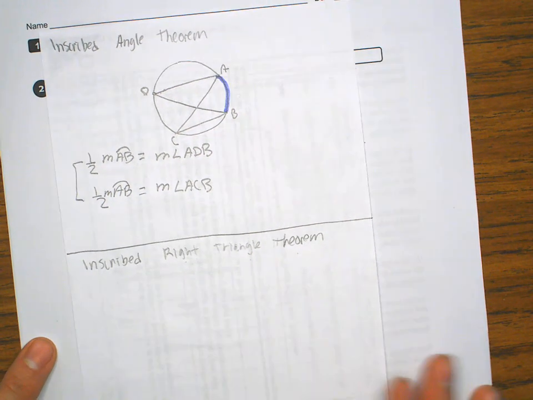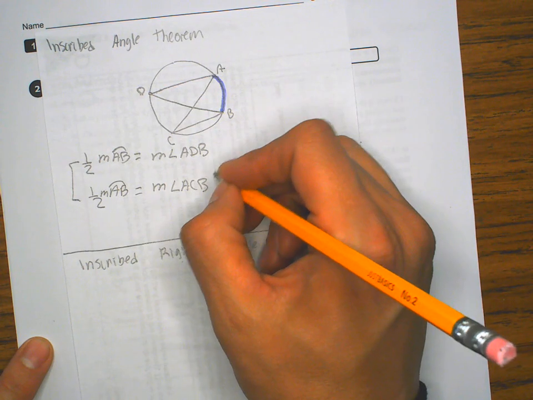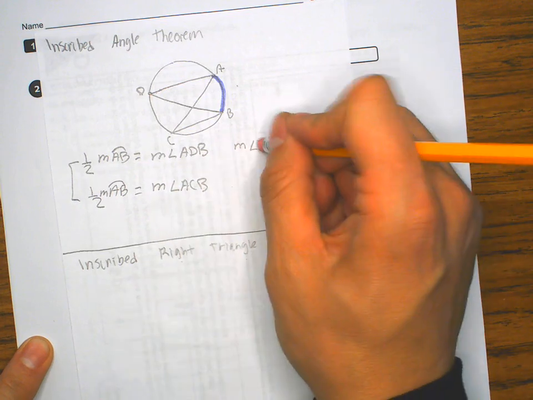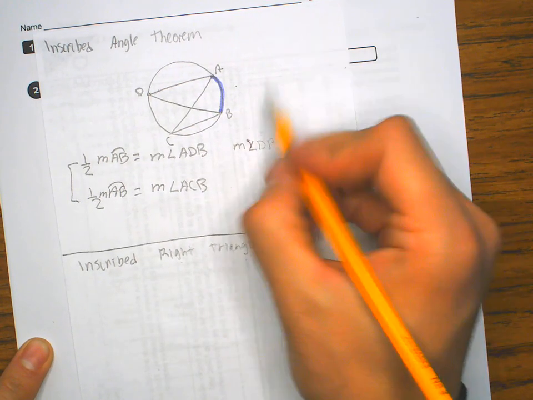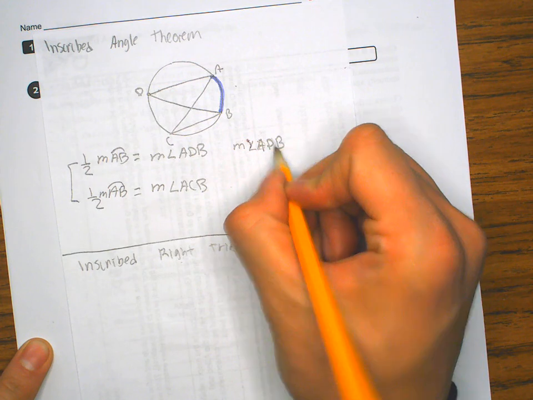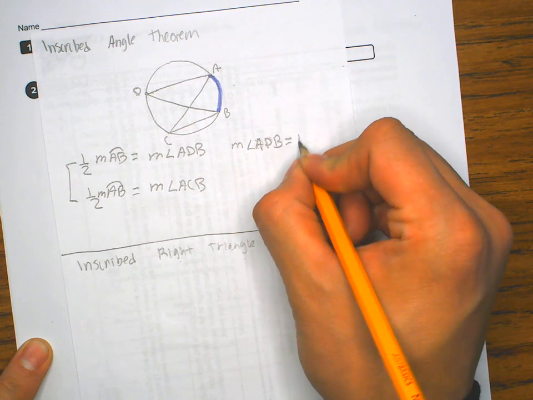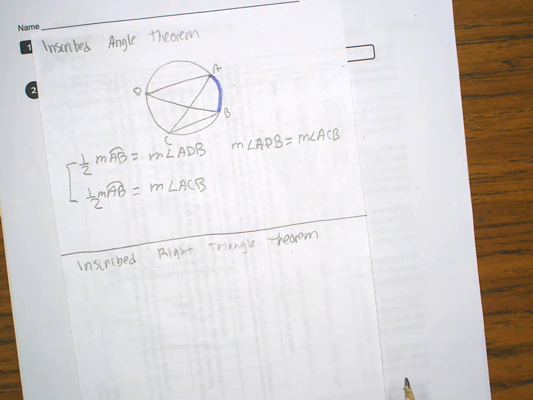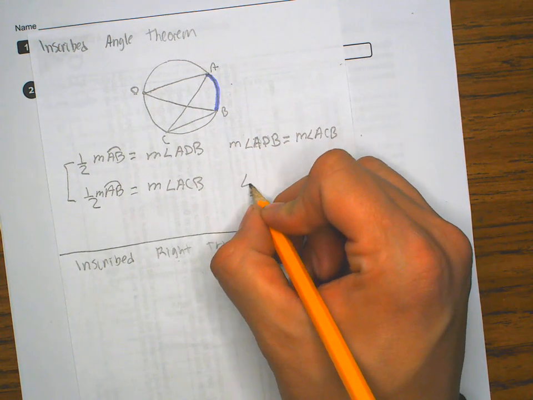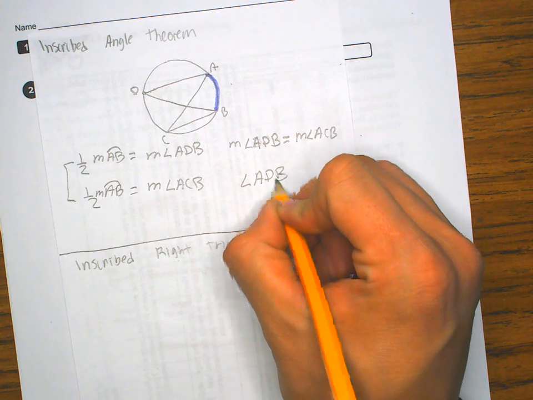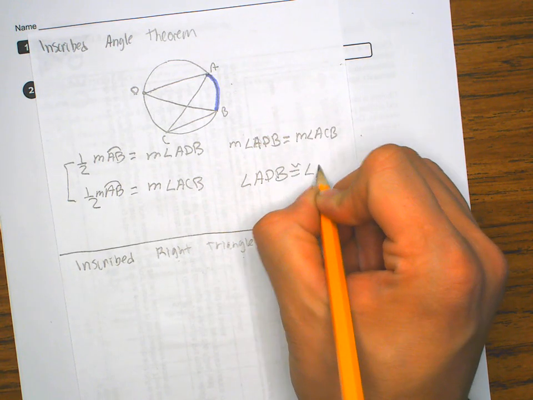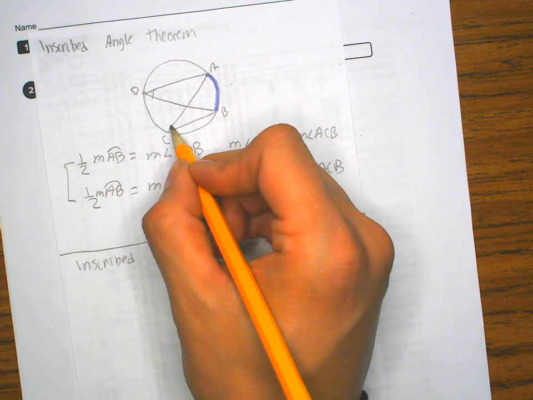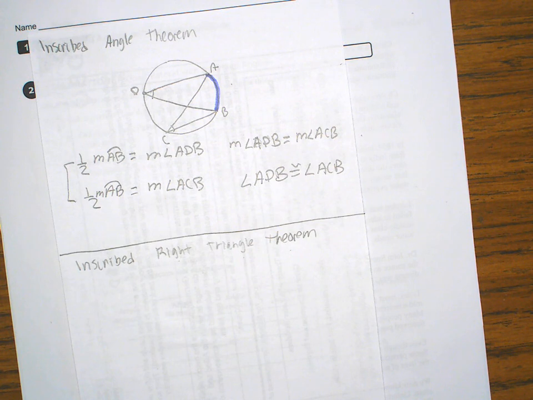So by the transitive property of equality, these two right here should be the same. So ADB is going to equal the measure of angle ACB. And two angles that are of equal measure are going to be congruent. So angle ADB is going to be congruent to angle ACB. Therefore, that is going to be congruent to that. So that one wasn't too hard.